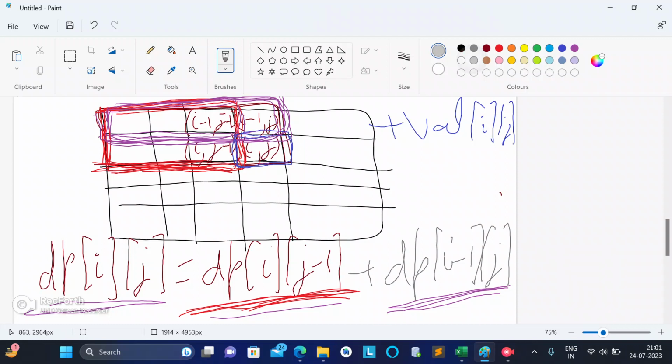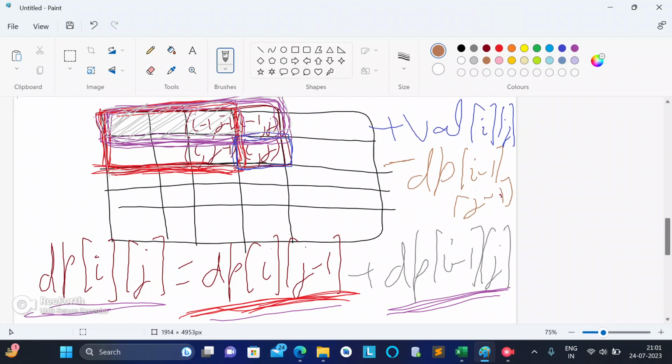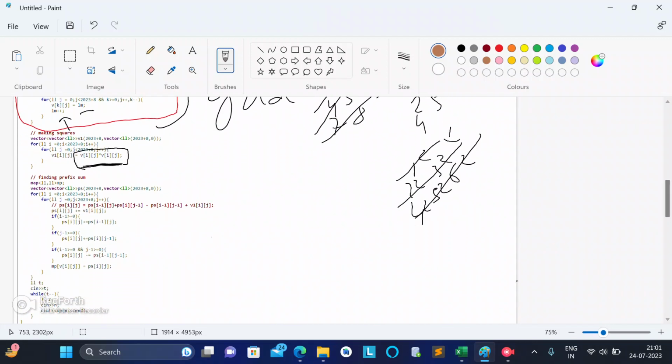So we add this value. But here we can see that this section gets repeated twice, once in the red section and once in the purple section. So I will subtract dp of I minus 1 j minus 1 once, because it is actually counted 2 times. So this is the idea of 2D prefix sum.